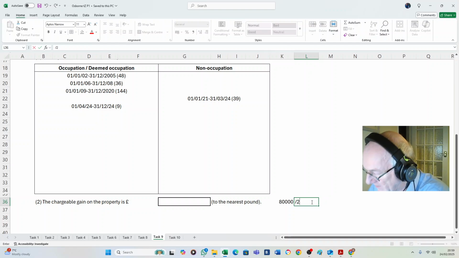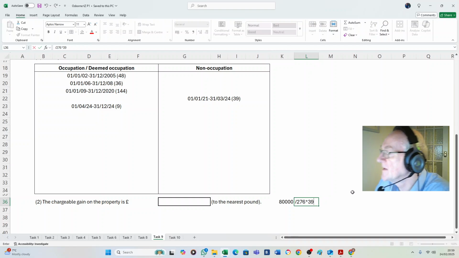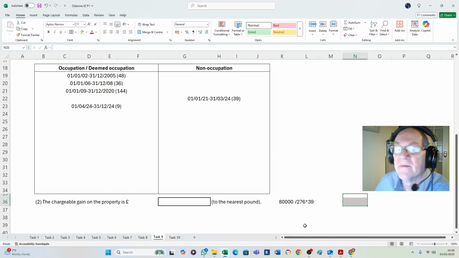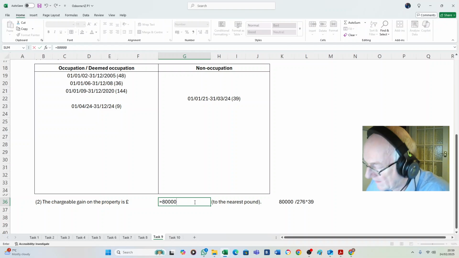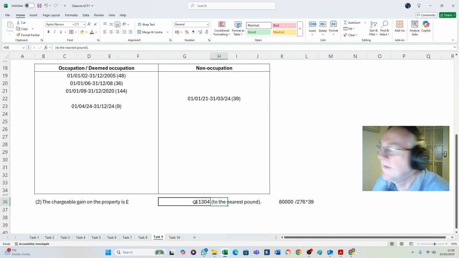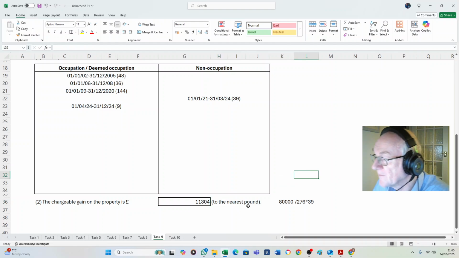It doesn't matter which way around we do it. Or we could times by 39 and then divide by 276. It comes to the same answer, just to prove, you could do it that way as well, to the nearest pound.